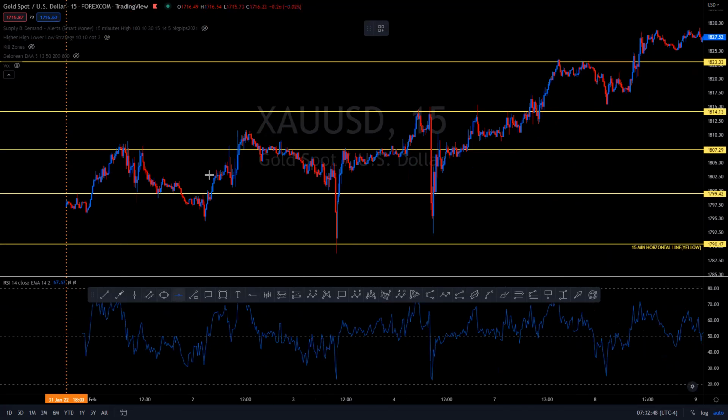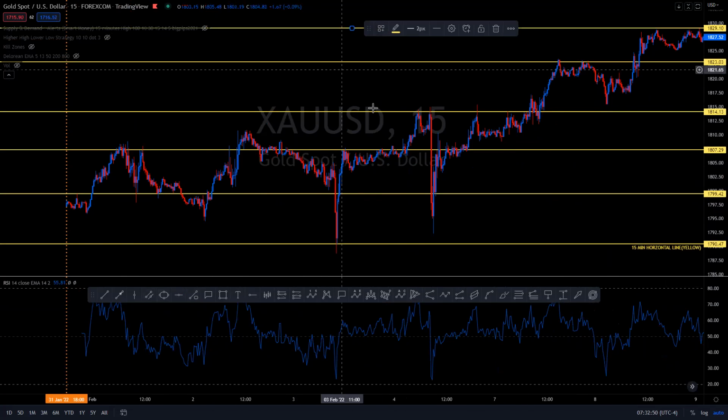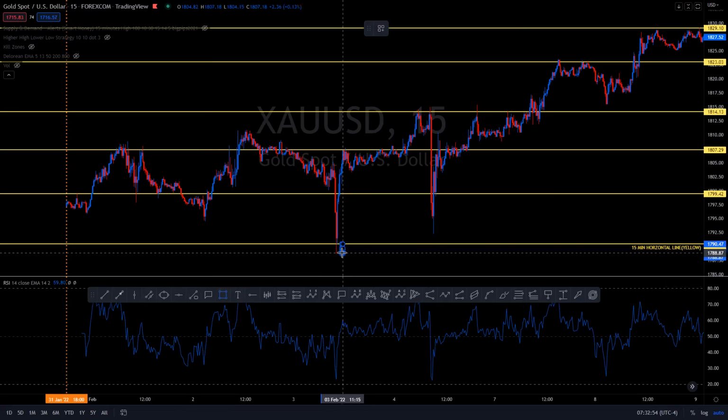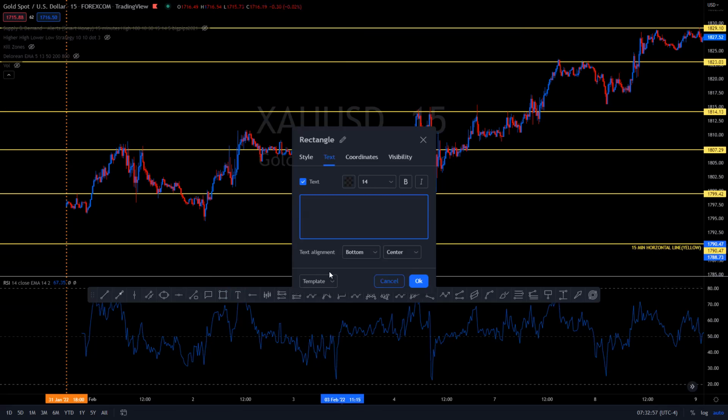And then I'll mark up this next level and then we'll put our zones in place. So now we're going to put our zones in place here. Change this. There we go.